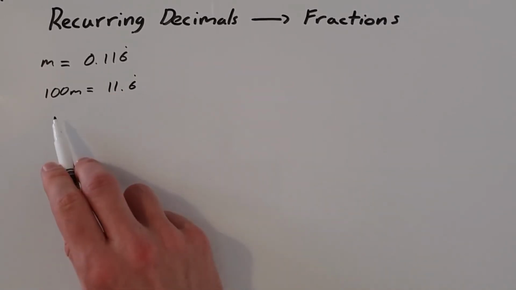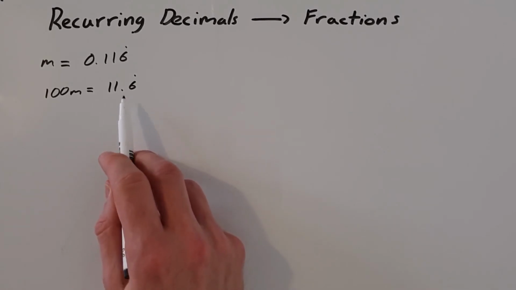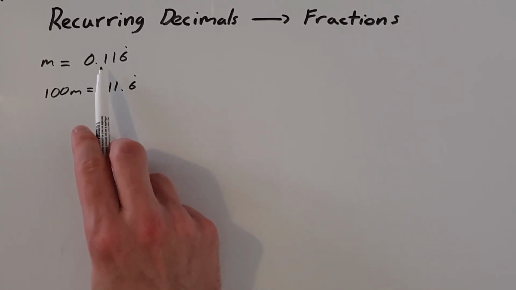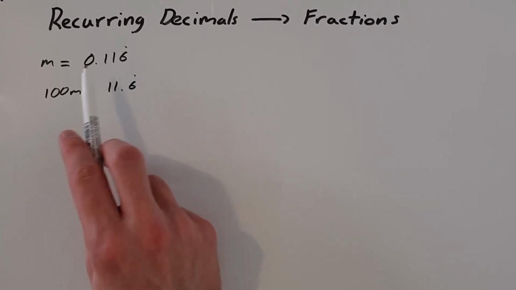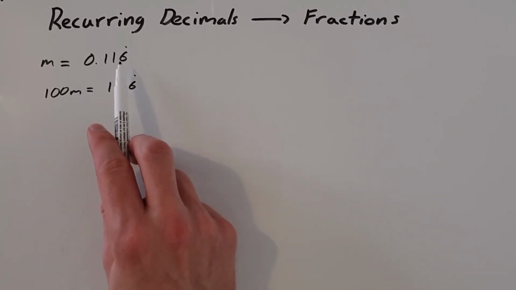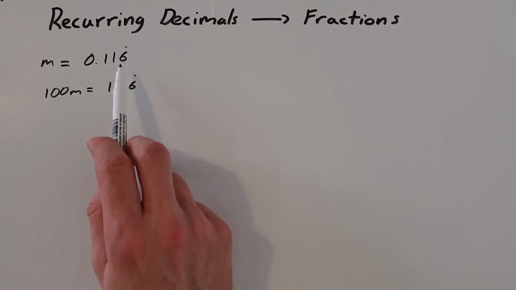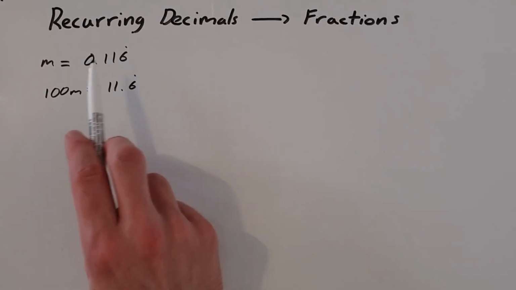Okay, the next part of this is we now want to multiply this again by what factor of 10 will move one whole part of the recurring section to the other side of the decimal point. So this has just got a 6 recurring, so we want to multiply this by the factor of 10, which will move one of these 6's to this side.